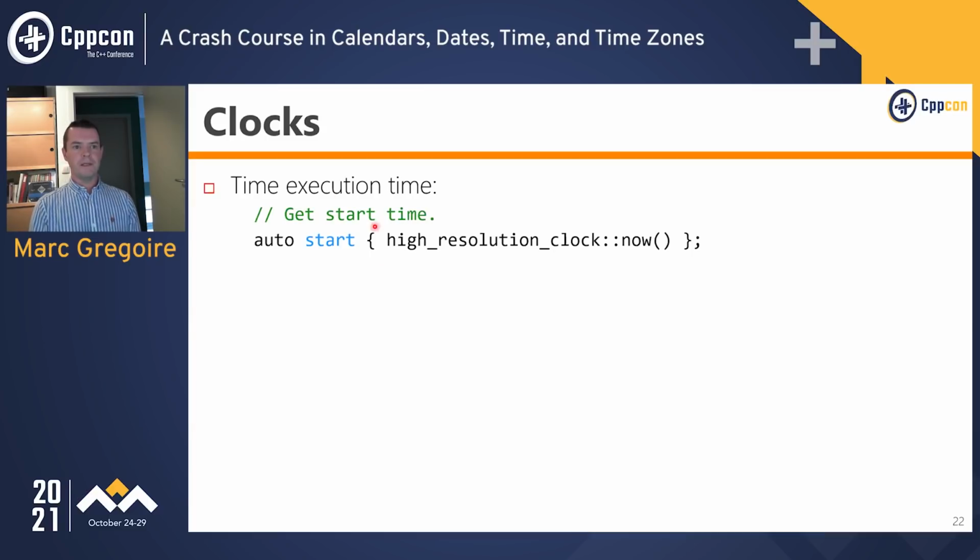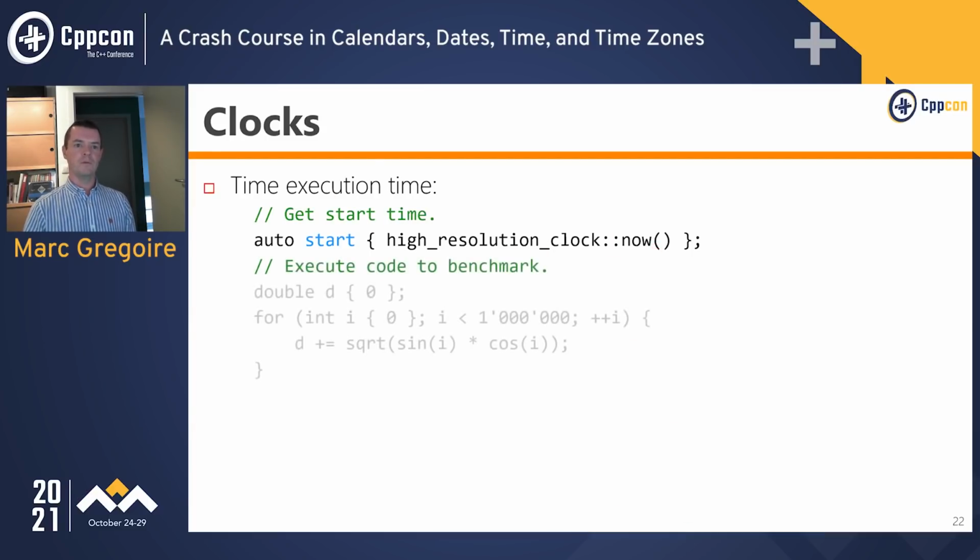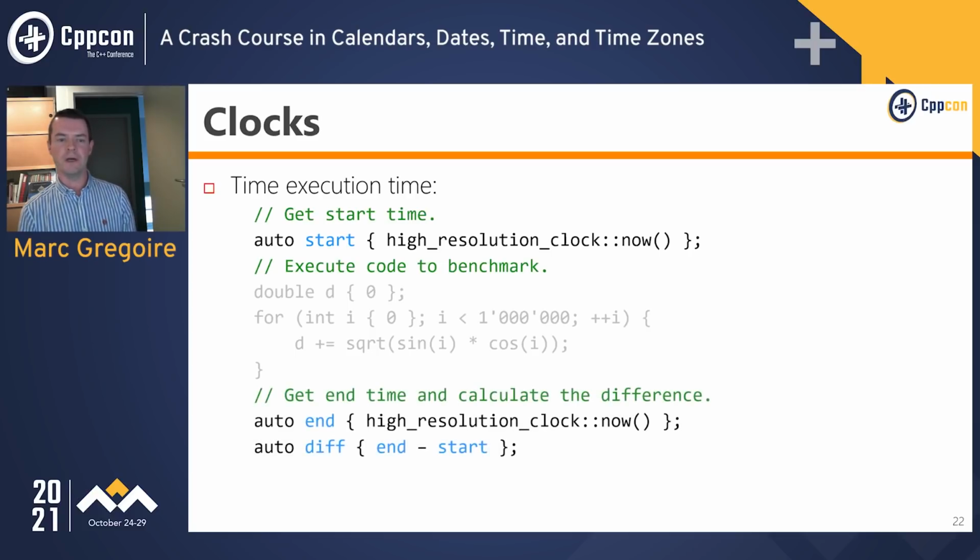Clocks can be used to measure the time a piece of code takes. To do this, you use the high resolution clock. First, you get the current time of the high resolution clock, then you execute the code that you want to benchmark. Of course, you have to make sure that the code you want to benchmark doesn't finish too quickly, because it needs to be measurable.